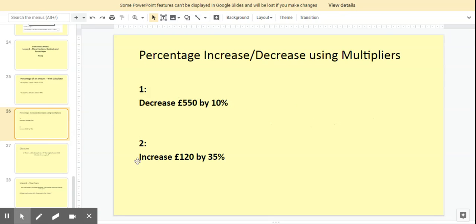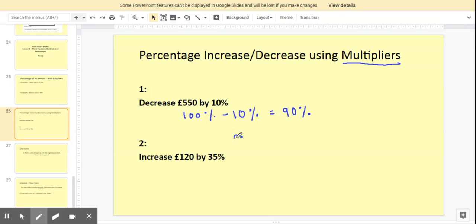The next thing we talked about was how we could increase and decrease using this method, and we talked about something called a multiplier. So the way that we did this was to say, okay, if we're decreasing by 10%, my original amount is 100%, so my 550 is 100%, and then I'm going to take away the 10%. So I'm actually going to find 90% of the amount.